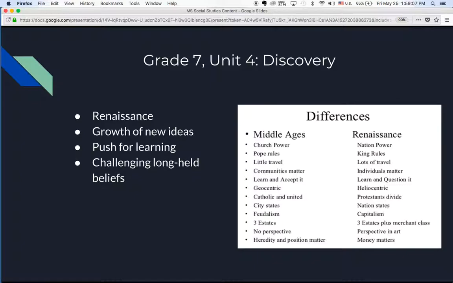By the time you got to the Renaissance, there was a push for learning and questioning knowledge, not just simply accepting it because higher ups passed this information down. So people began to challenge long held beliefs regardless of the consequences, and eventually they tore down these barriers to learning.